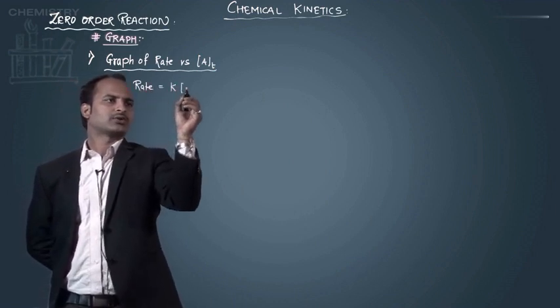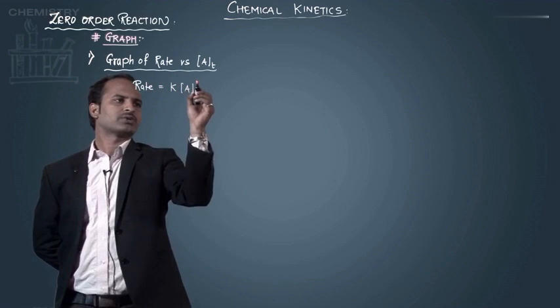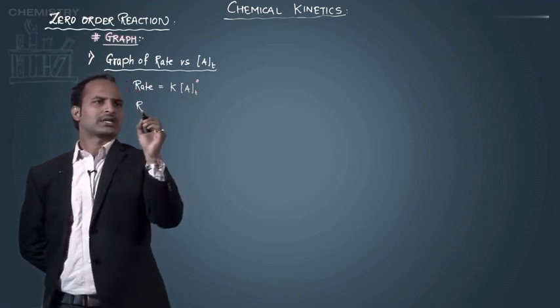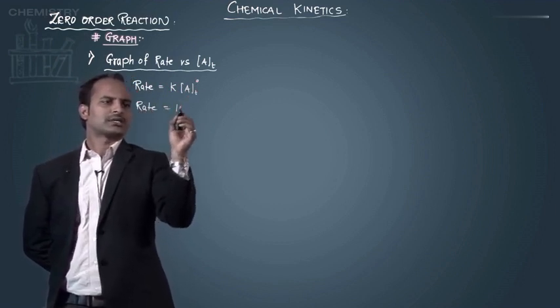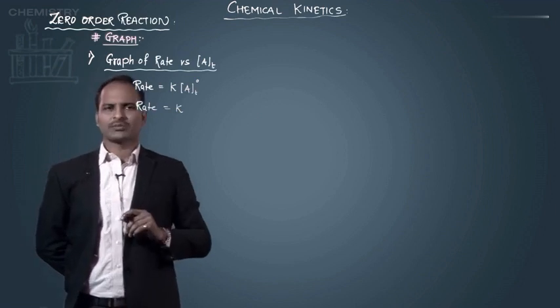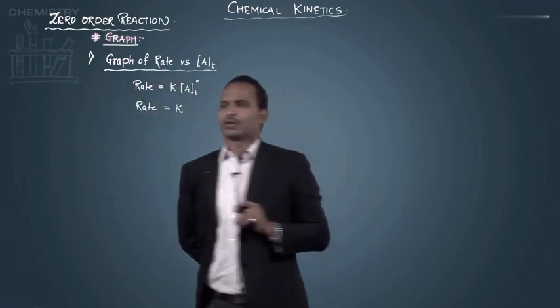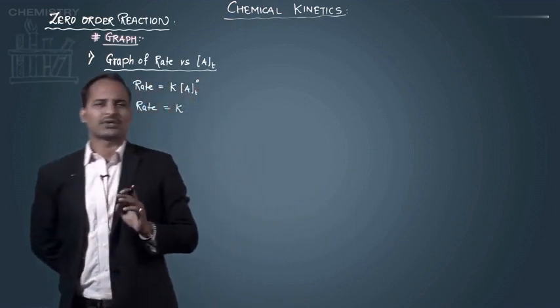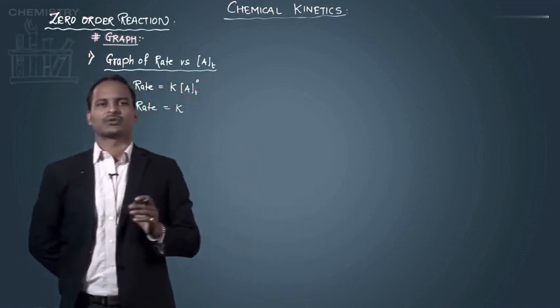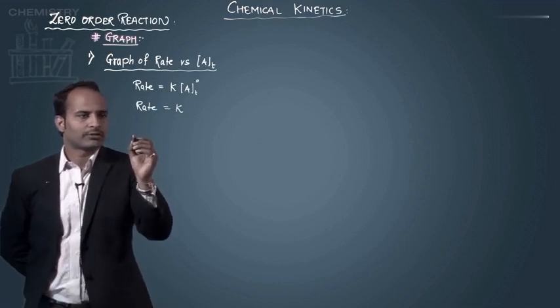That is, rate is equal to K into the molar concentration of A raised to 0. That means I can say rate is constant, that is K. Rate is constant means you increase or decrease the concentration of reactant, but the rate of reaction is going to be the same, it will not change.